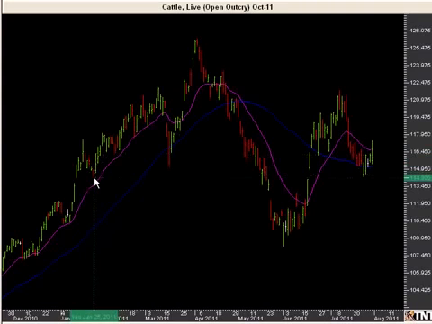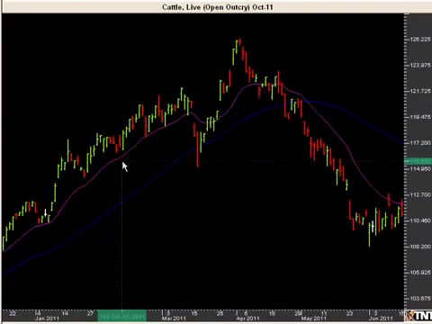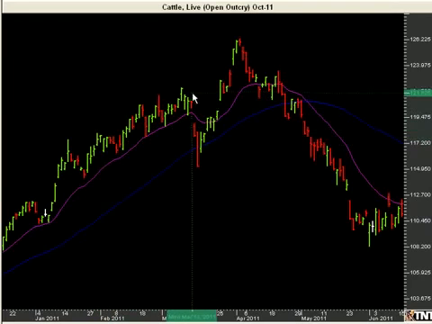Just a moment, I'm going to make this a little bit larger so it's easier to see. Back here we have a red-green bar combination showing us support, and then from here the market trades higher. Here we have our next red-green bar combination. That's also a buy signal to buy above the signal bar. The green bar is our signal bar, and from there the market also moves higher.